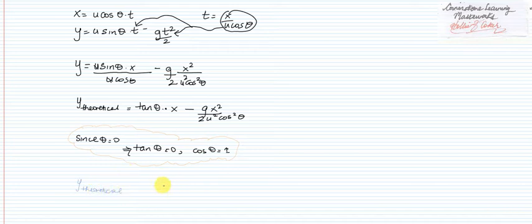Y theoretical, because that's how you plan to do your lab, will be, tan of 0 is 0, so y is equal to a half g x squared, cos of 0 is 1, all over u squared. That u squared is actually v star, the velocity which you're launching at. Let me summarize that.